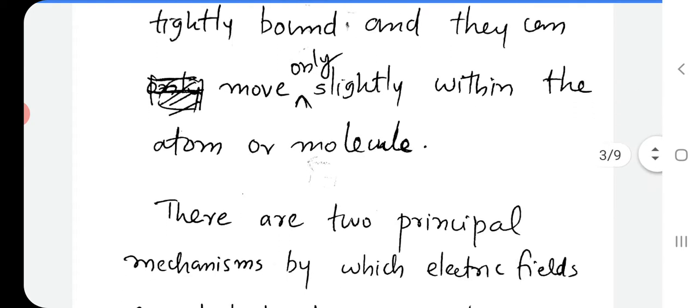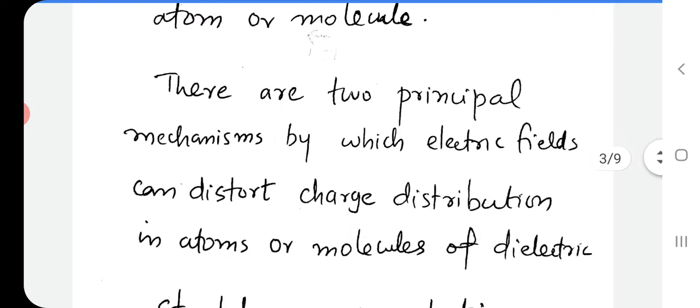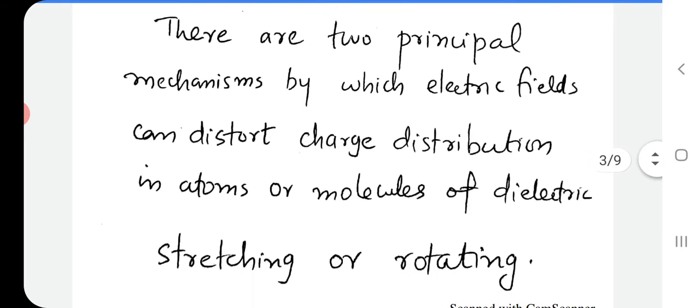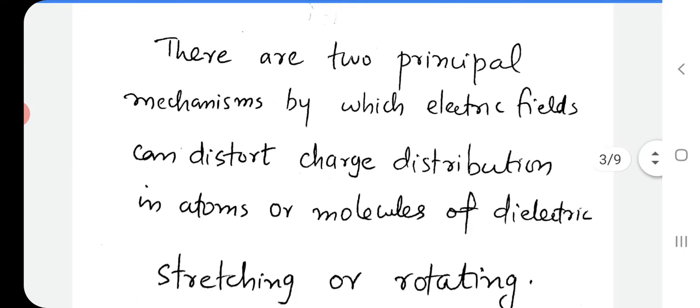And there are two principal mechanisms by which the electric field can change or distort the charge distribution in atoms or molecules of a dielectric.